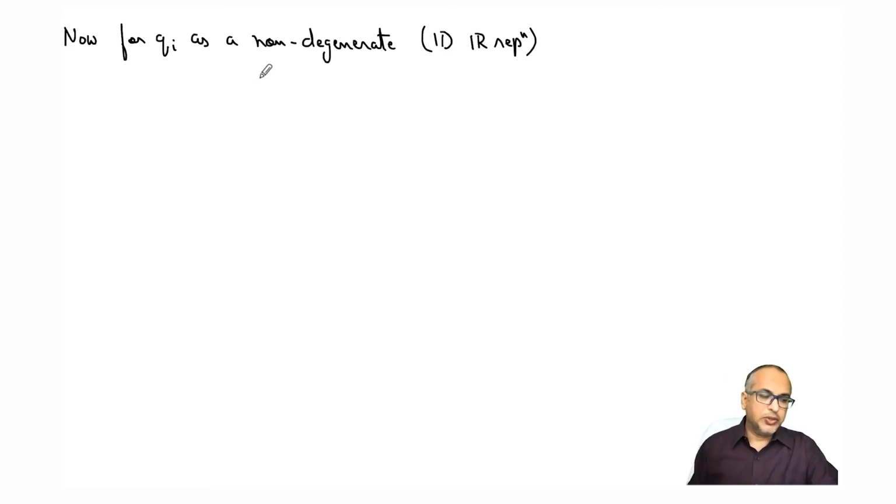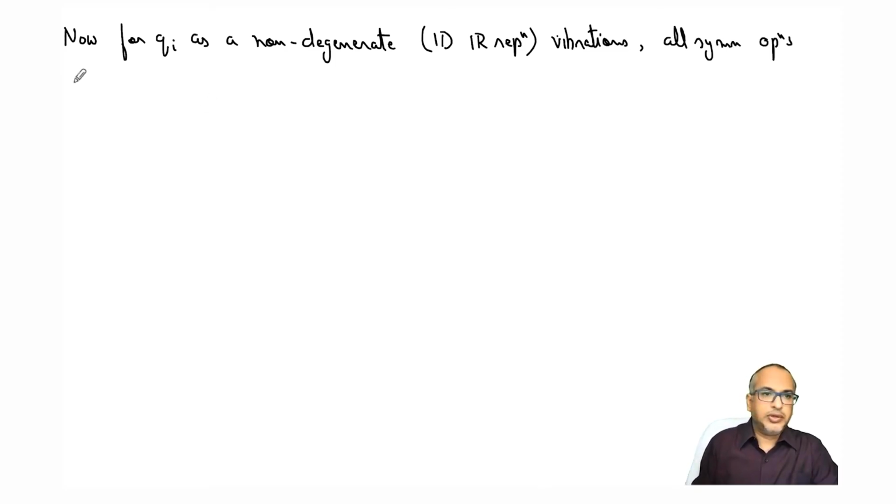Okay. So now if it is a 1D IR representation, non-degenerate vibrations, we can say all symmetry operations will have character plus or minus 1, right?